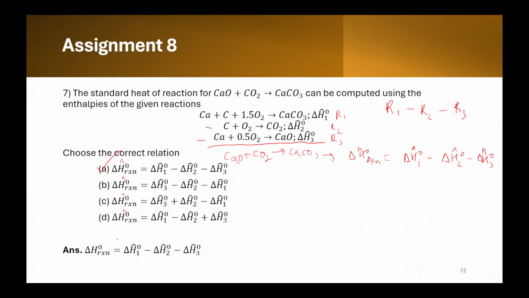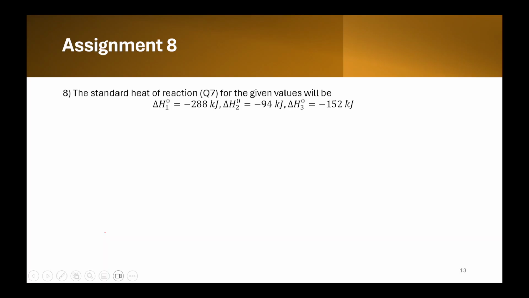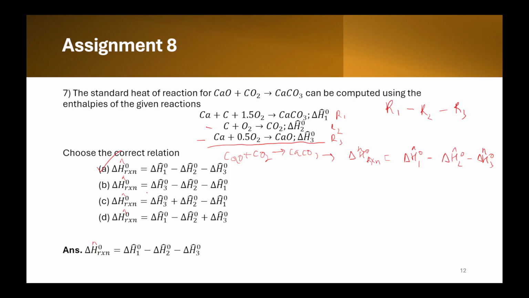Again, this will have H cap. And if these are specific, okay. If suppose we need to compute only delta H reaction and we are given not cap, only delta H1, delta H2 and delta H3, not cap, standard.